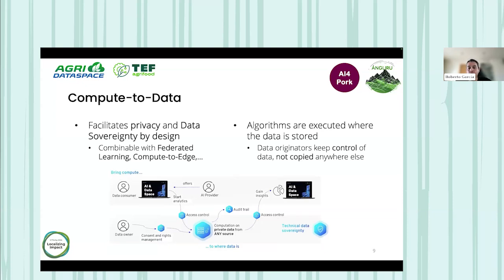So at no point are they getting access to the original data. And also these trusted environments are implemented in a way that, when the computation finishes, everything is destroyed, so they don't retain a copy of the original data.